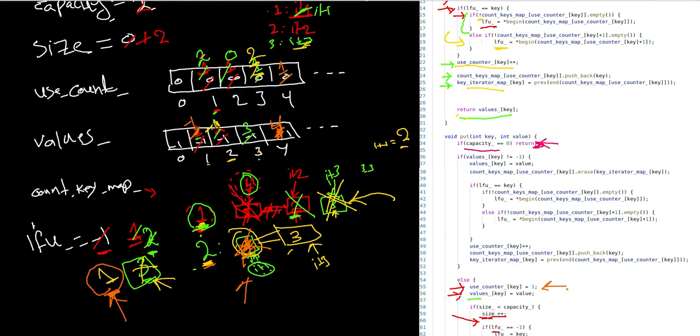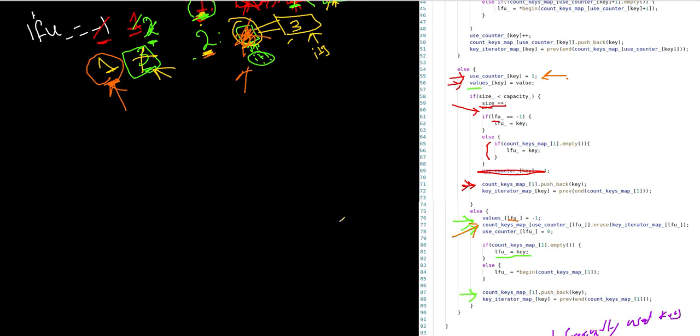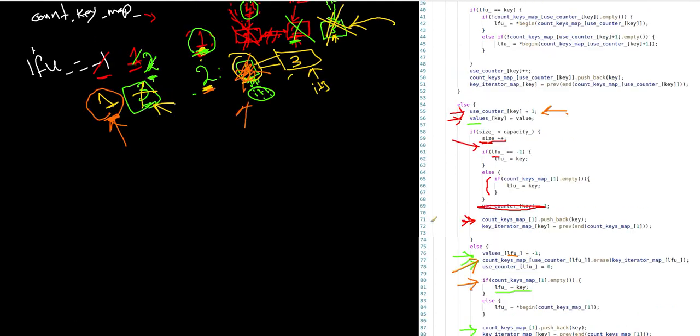So for 1 it becomes 0. Then we need to check if count of keys of map of 1 dot empty, to see if we can assign.